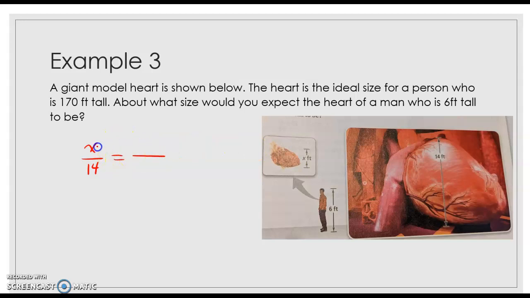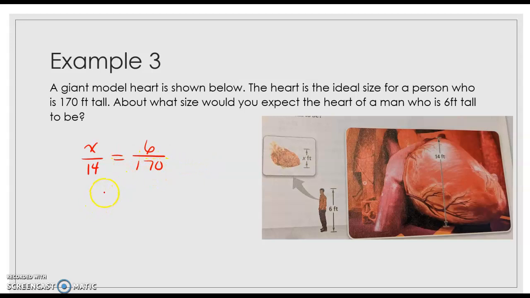So small, big. So now I need the person's height on top and the unrealistic height of a person on bottom. So that we are doing heart with heart, human size with human size.